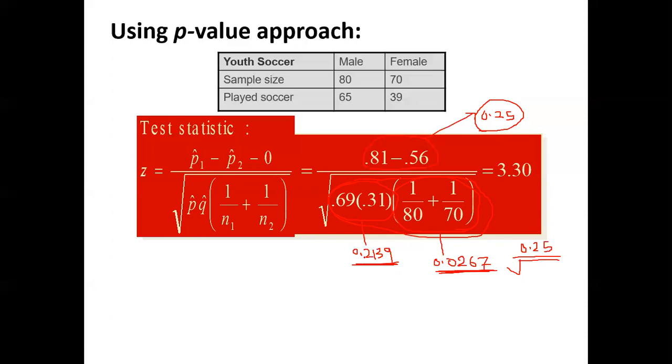So 0.2139 times 0.0267, then you will get the answer, then you square root the answer. Okay, then you will get the final answer, which is 3.30.